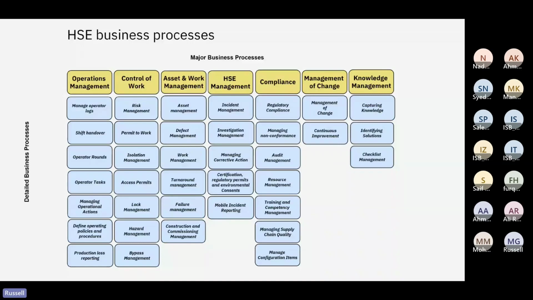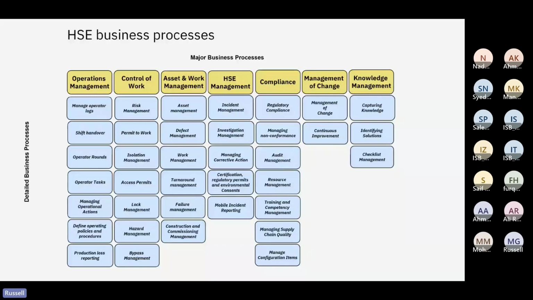If we move left, we have the control of work capability, which crosses the boundaries between operations and health and safety. Here we have processes that support risk management and permit to work.